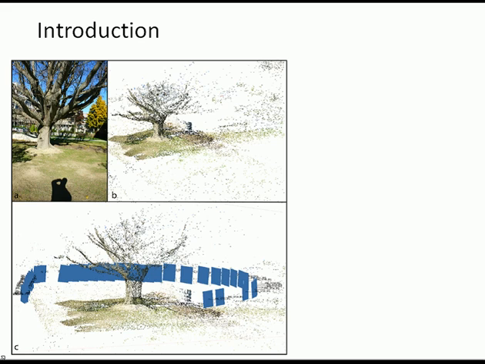So here's an example of the closest thing that has been done to what I was trying to do with the project. It's just a proof of concept. Basically, they went out there and took pictures of this tree, just to show that this is what you could do with it, and that maybe there's some application out there.